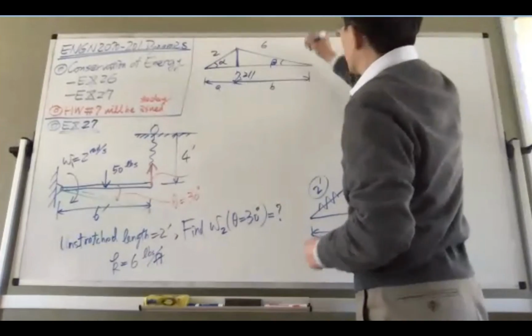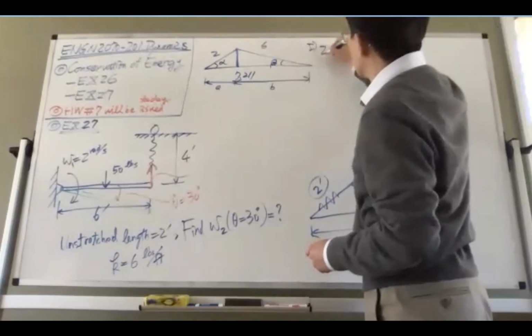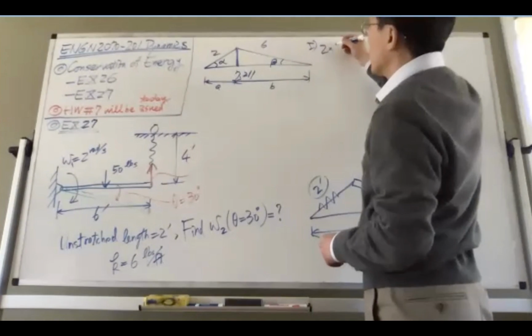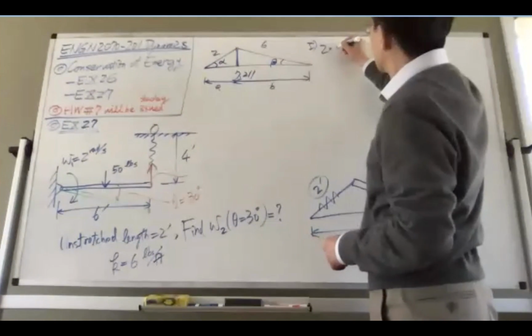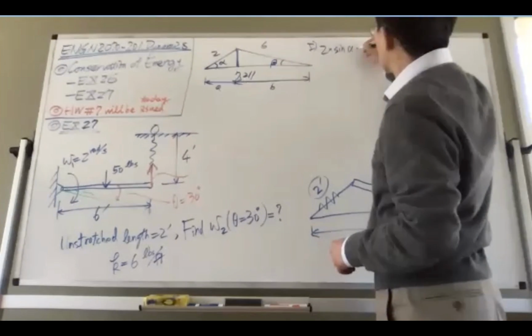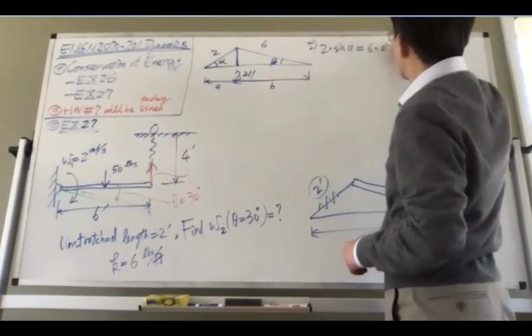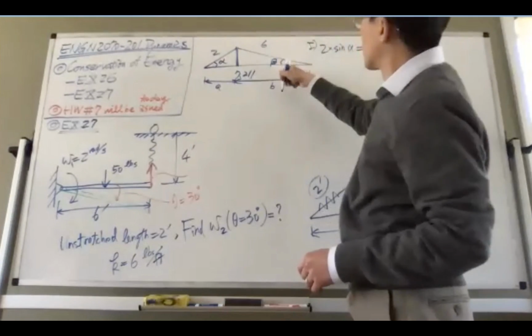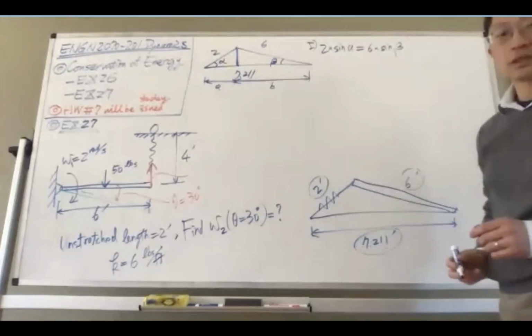Therefore, the first approach is to argue that this angle is alpha. So 2 sine alpha equals 6 sine beta, because 2 sine alpha is this length, and 6 sine beta is also this length. This length is the same.